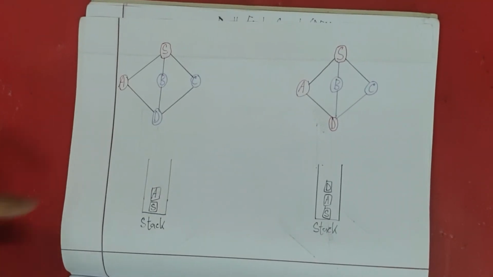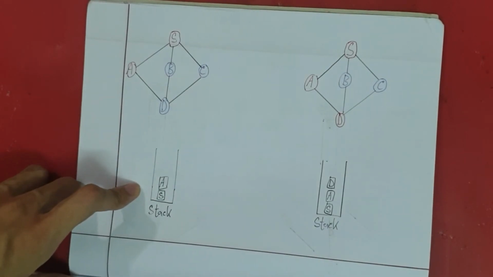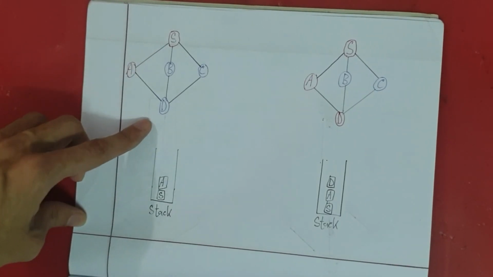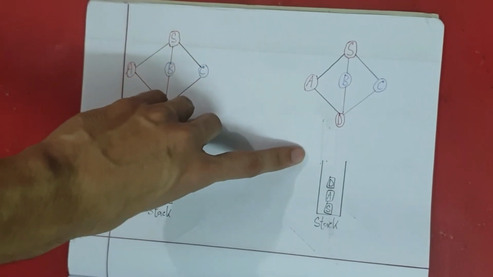Now we mark A as visited and put it in the stack. Then we see if there are any unvisited vertices connecting with it. So we have D. Then we visit D and put it in the stack.